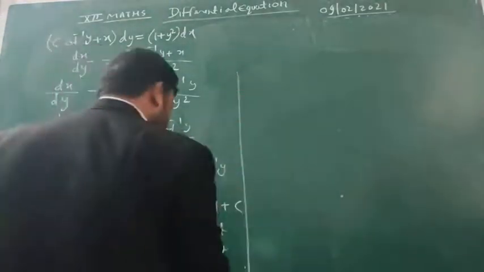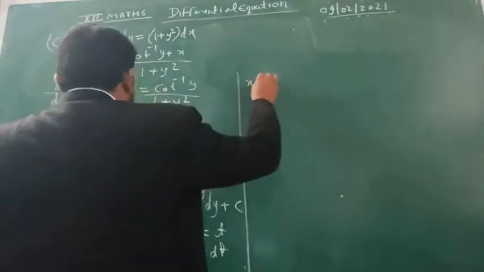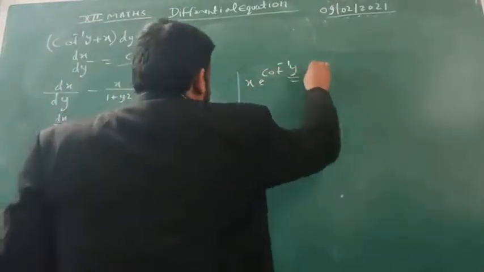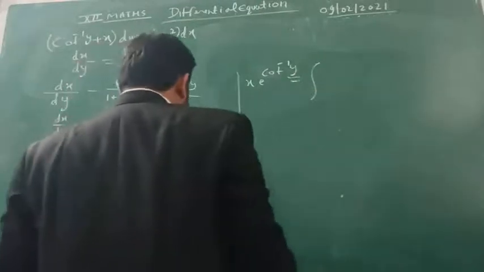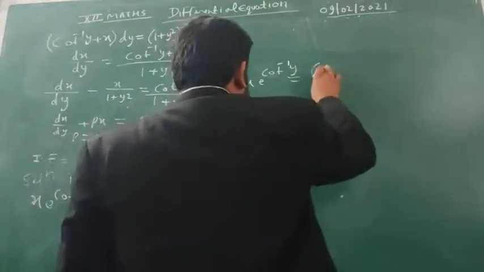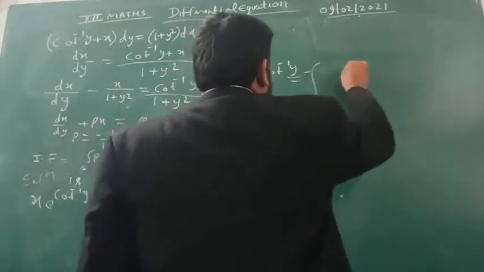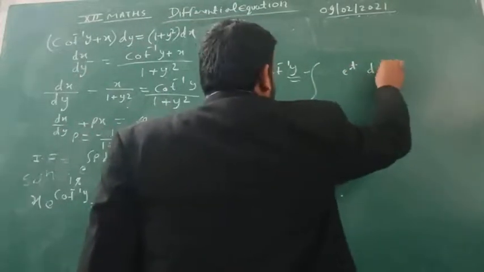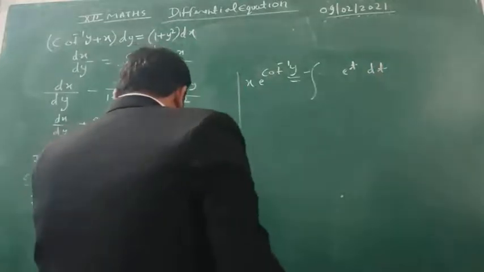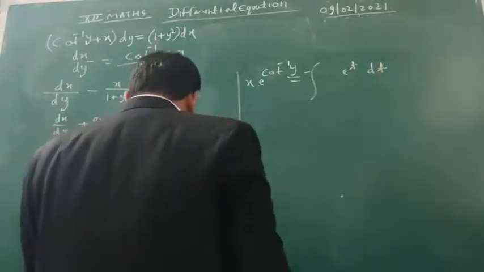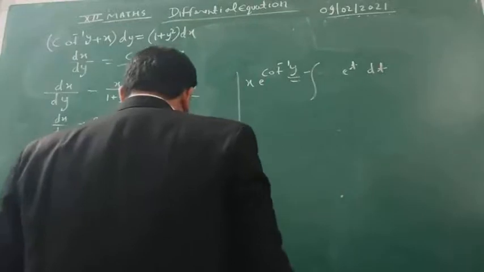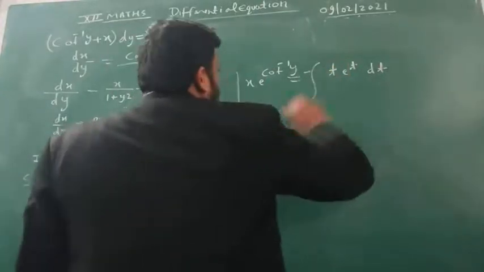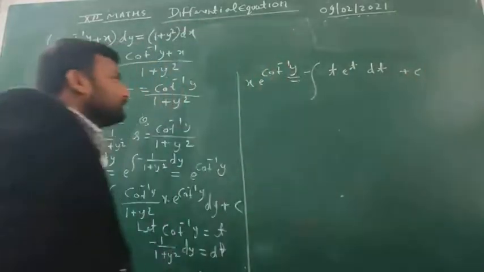So we write here x e to the power cot inverse y is equal to minus integral of e to the power t, with this part being dt, and here t. Okay students, and this is our c.